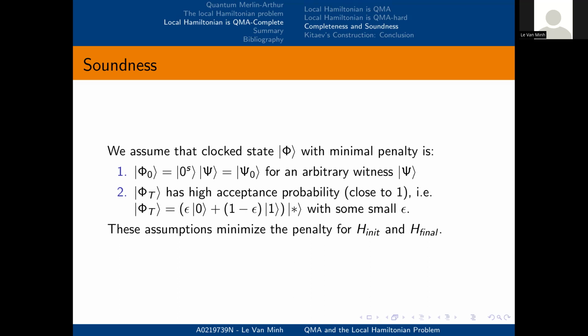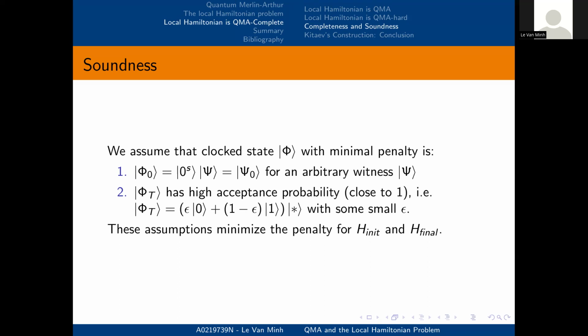This makes sense because we want to minimize the eigenvalue of H, so we don't want these two penalized. Note that we're trying to look for the minimal eigenvalue and prove that it's still larger than b.